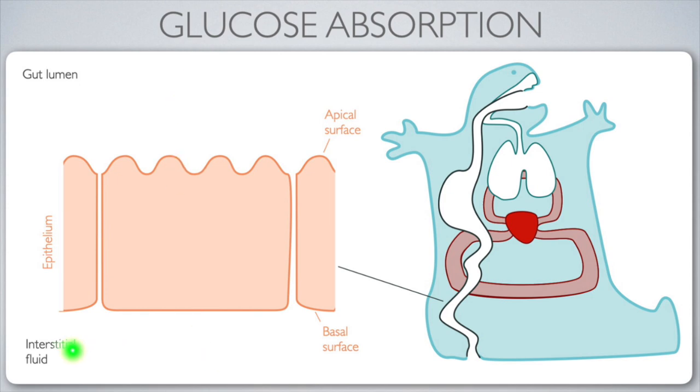And then this space between the epithelial cells and surrounding capillaries and other tissues is our interstitial fluid. In this case, we're distinguishing that the gut lumen is where the nutrients are going to be, and the interstitial space is where those nutrients are going to get transported to then get picked up by the capillaries.